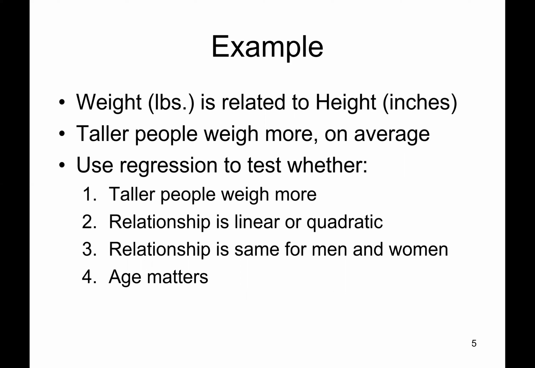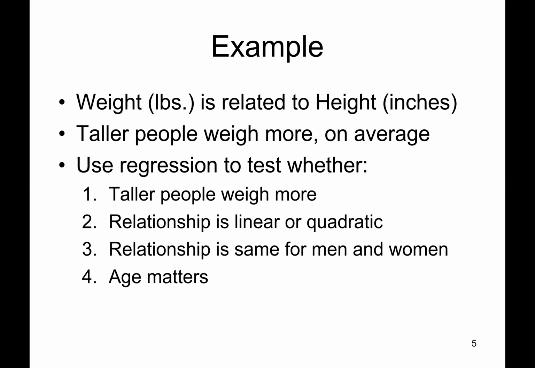We can test whether the relationship is linear or quadratic, which is very helpful because we might expect, for good reason perhaps, that the relationship between height and weight is not the same at every level of height. So maybe for those who are shorter, a 1-inch change creates some modest change in weight, but for those who are already very tall, a 1-inch increase in height could lead to a fairly substantial weight gain just due to body proportions.